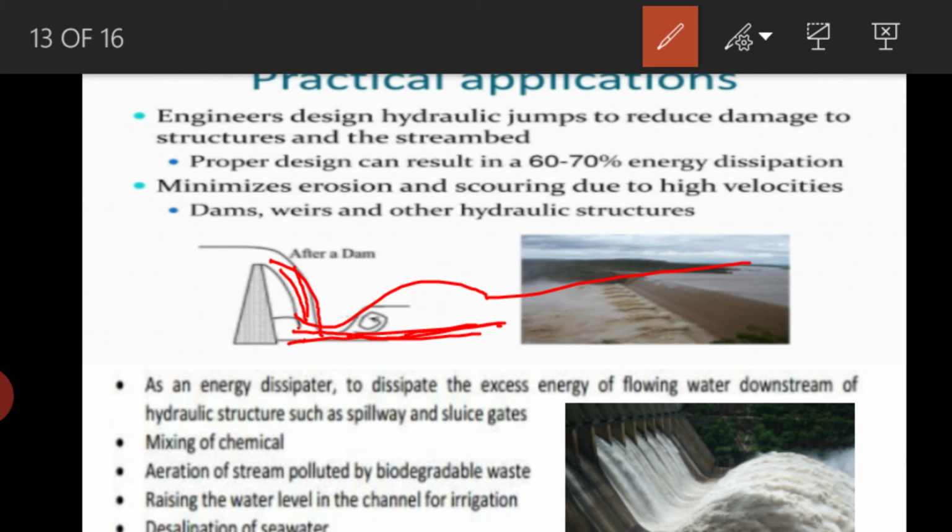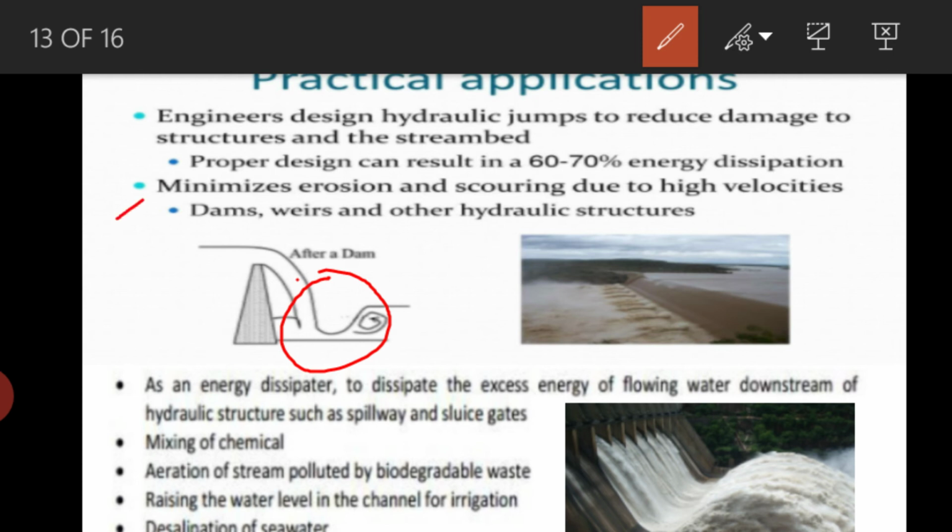Engineers design hydraulic jumps to reduce the damage to the structure and the stream bed. Proper design can result in 60 to 70% energy dissipation. So it can dissipate 60 to 70% energy by creating the hydraulic jump on the downstream side of the dam or the weir. What is the second application? It minimizes the erosion and scouring due to high velocity.